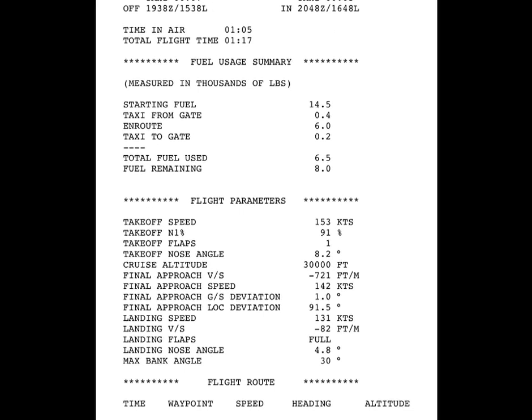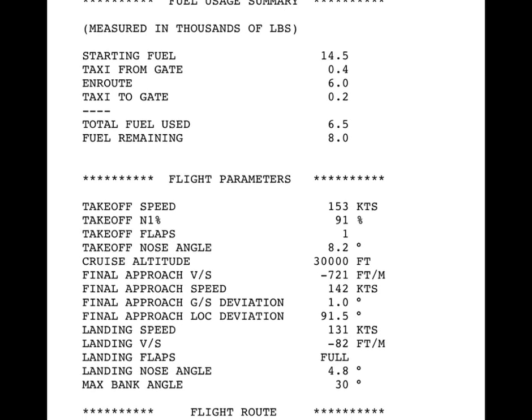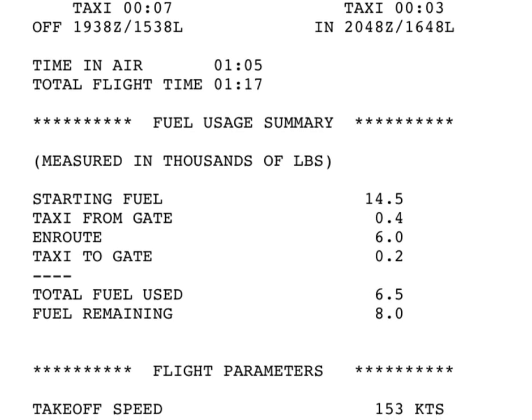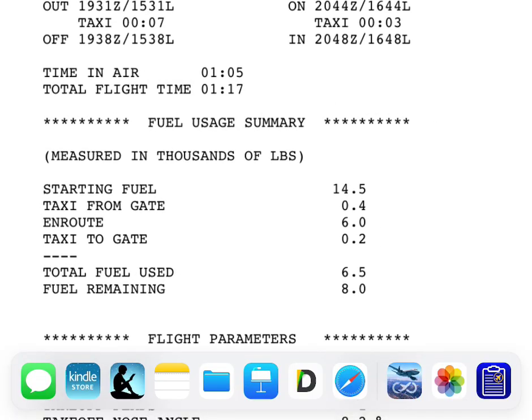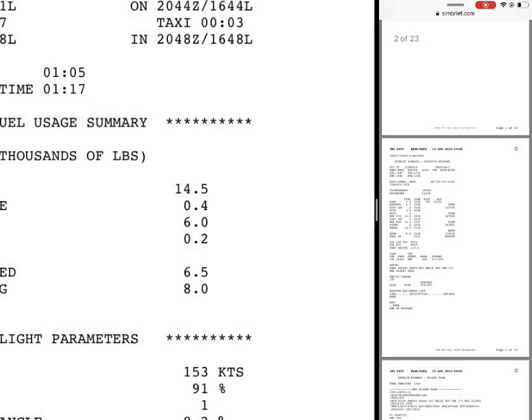Alright, fuel usage summary. That landing looks good. What was my ref supposed to be? 135, so I was 4 knots under VREF. Alright, let's look here. Let's bring this up and merge this in.